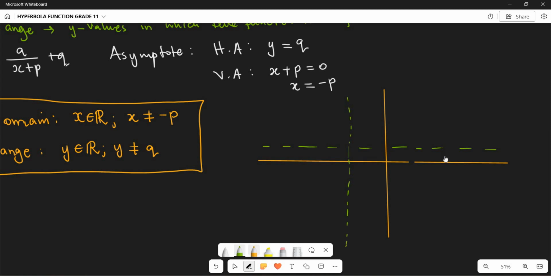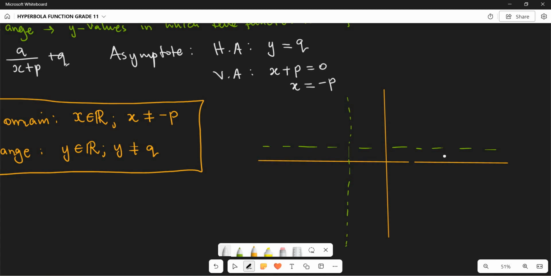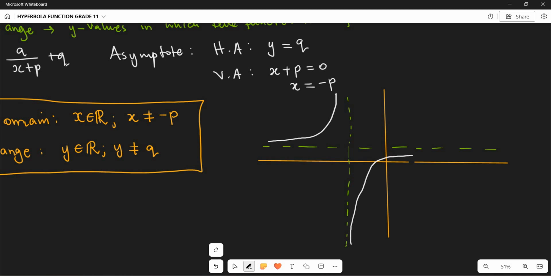Okay, therefore, let's draw a graph maybe like this. And also like that. Like that. So that will be our rough sketch there.